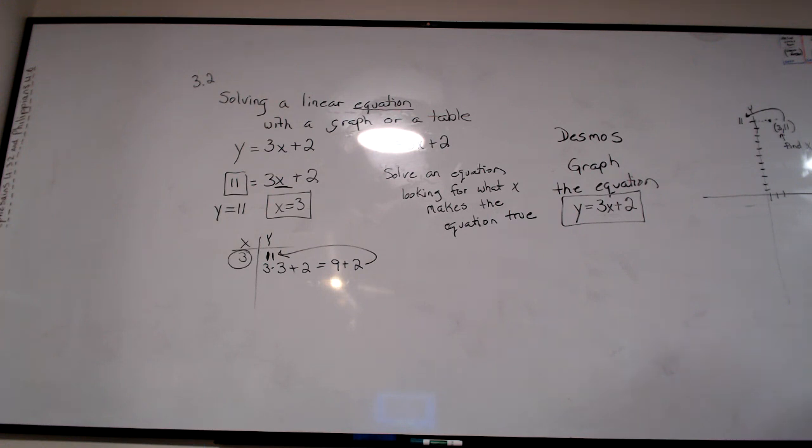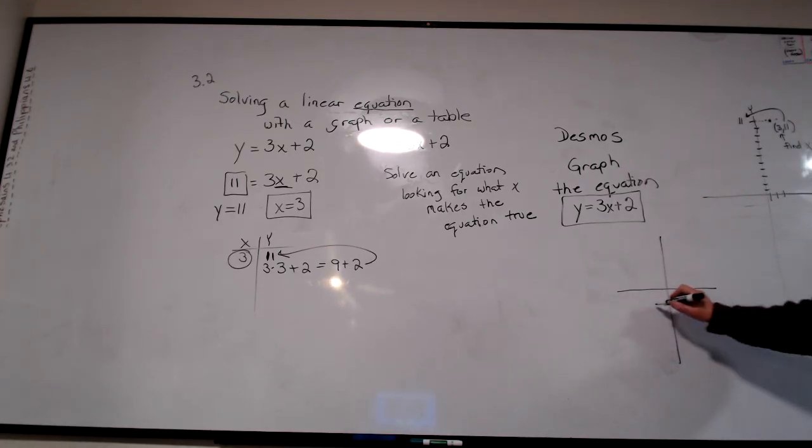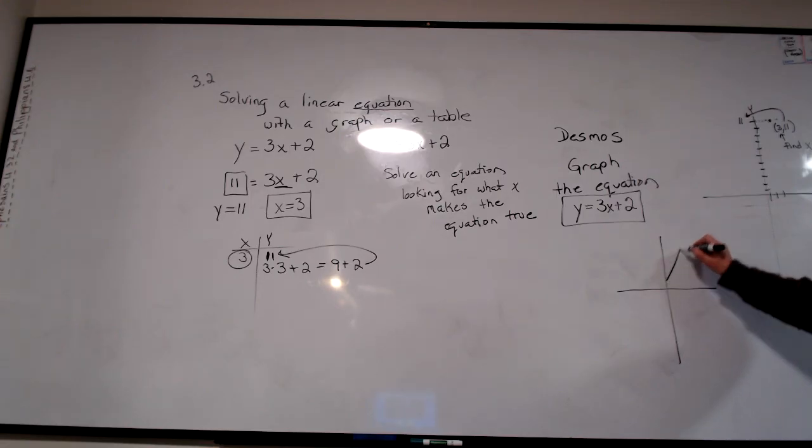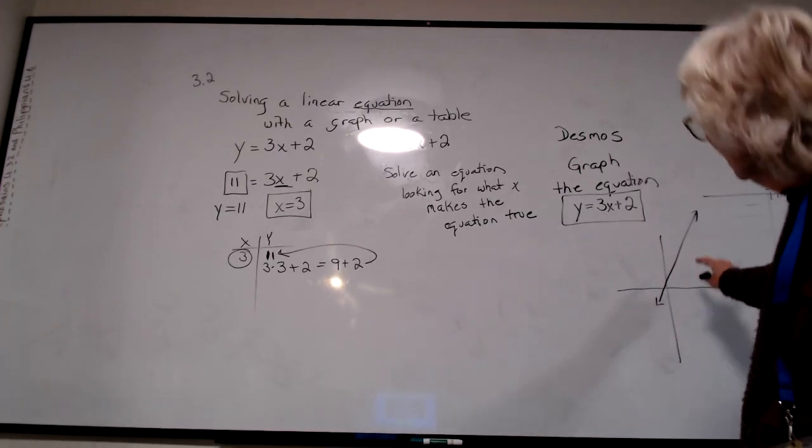So when Desmos graphs it for you, it's going to go up kind of like that, okay? The nice thing about Desmos, go up to where it looks like it's about 11.